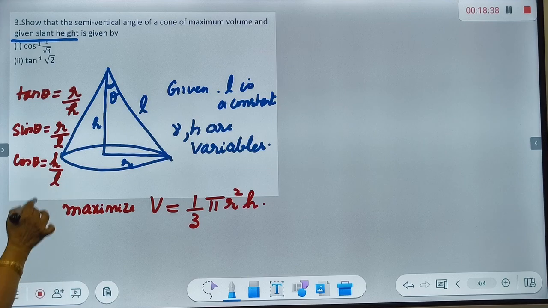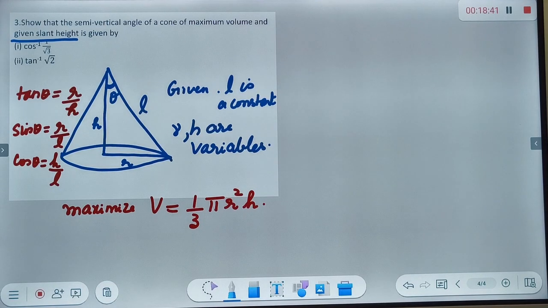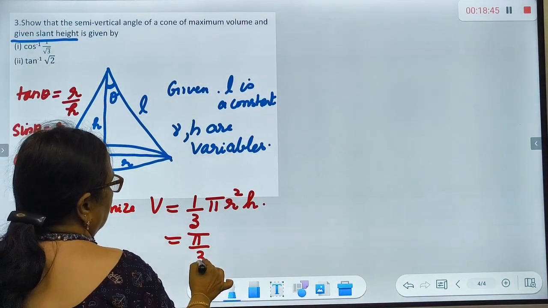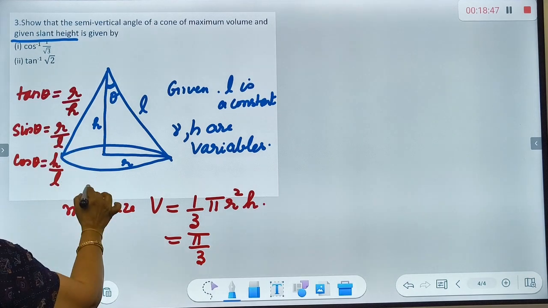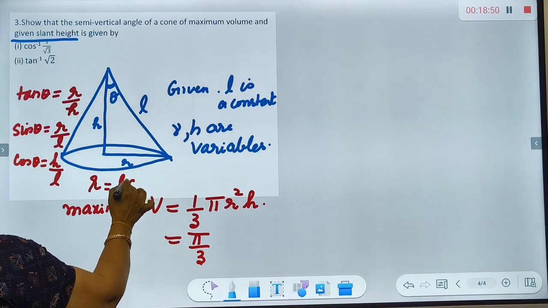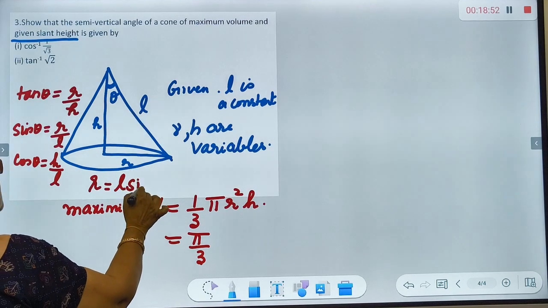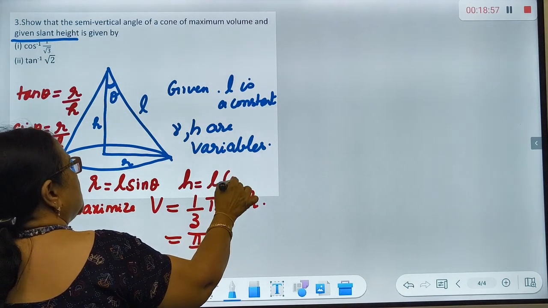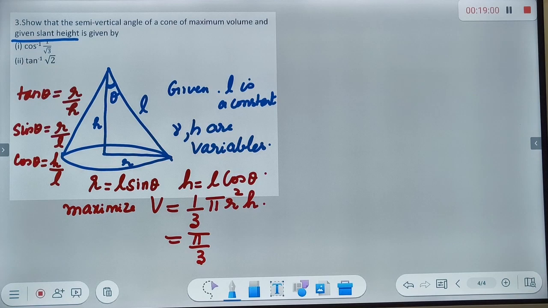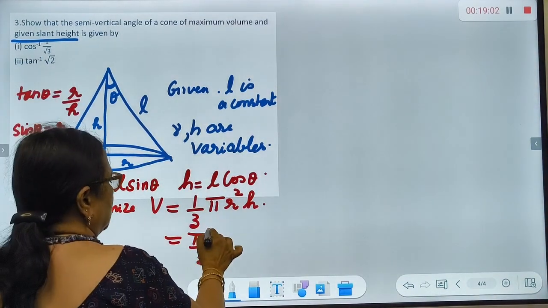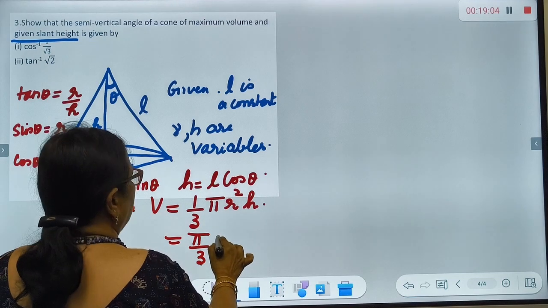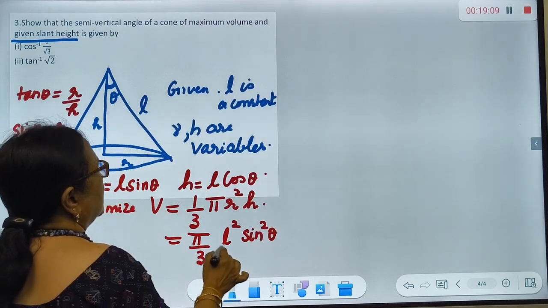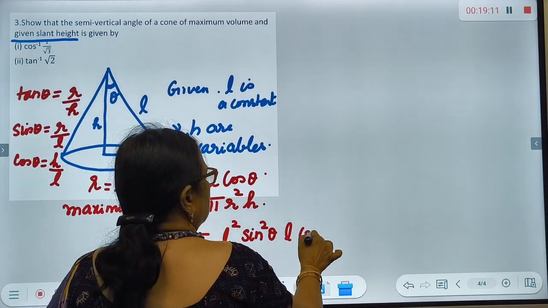H by L. Now, I can write everything in terms of L. This is pi by 3. What is R square? R is L sin theta, and H is L cos theta. Now L is a constant. So pi by 3, R square will be L square sin square theta, H will be L cos theta.